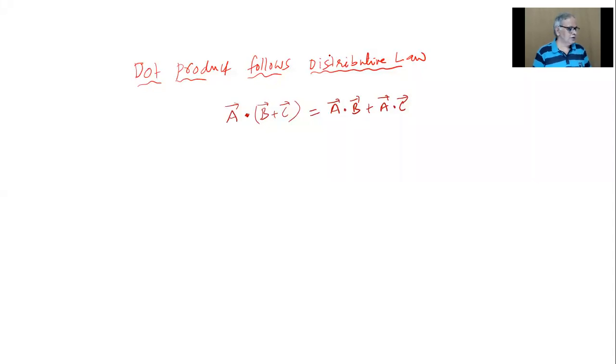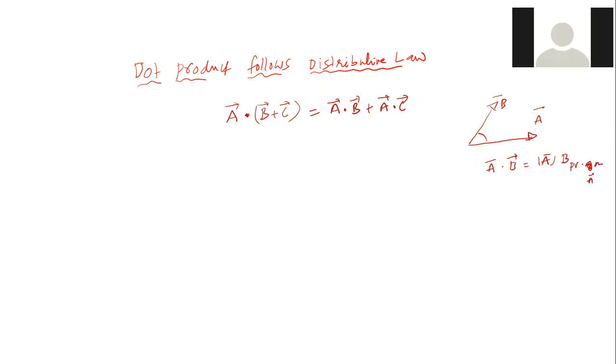Children, can we try it? You always should remember that when I have vector A like this and vector B like this, if I am taking vector A dot vector B, we are writing it as mod A into projection of B on A, which is B cos theta, isn't it so?